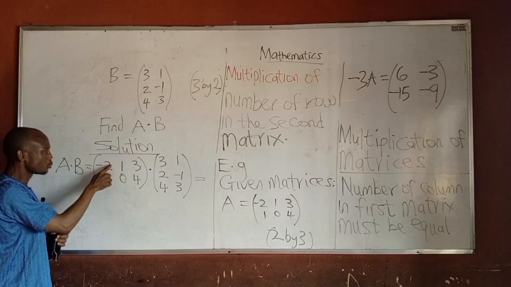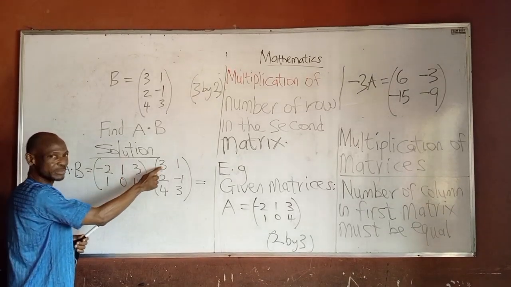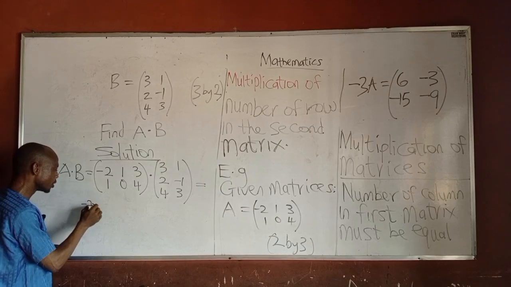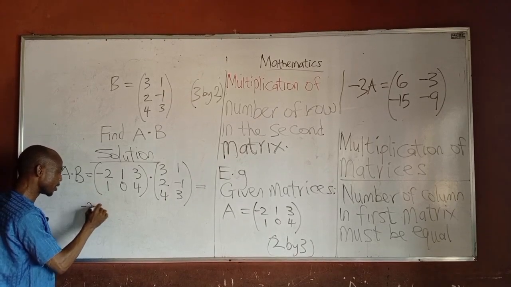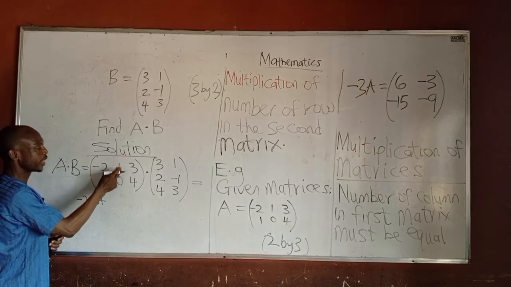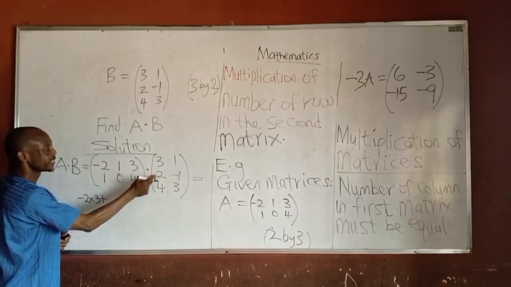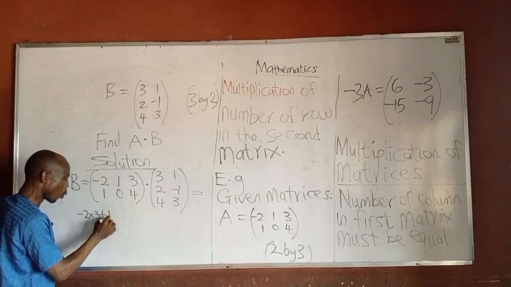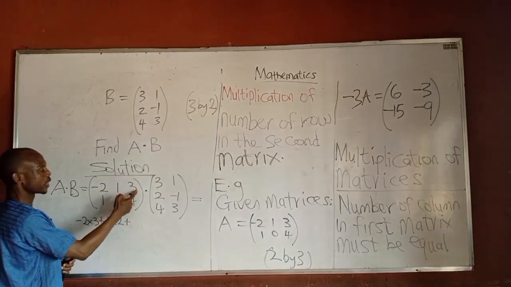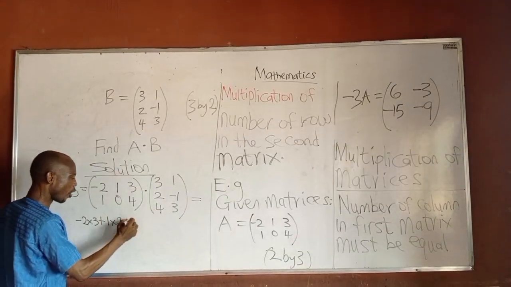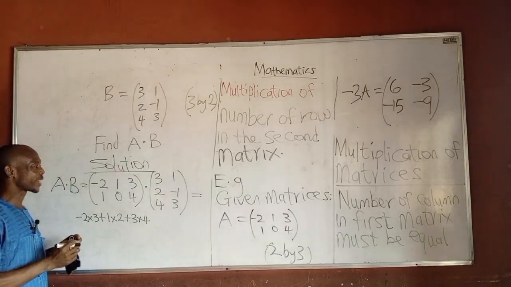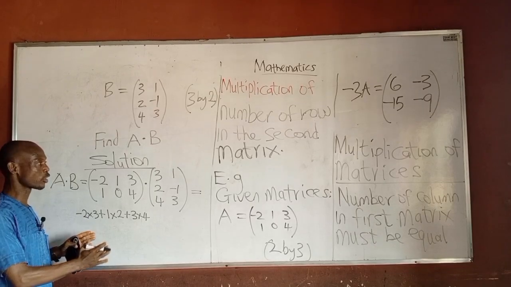We are going to take minus 2 times 3, plus we take 1 times 2, plus we take 3 times 4. This is how we carry out this multiplication gradually.